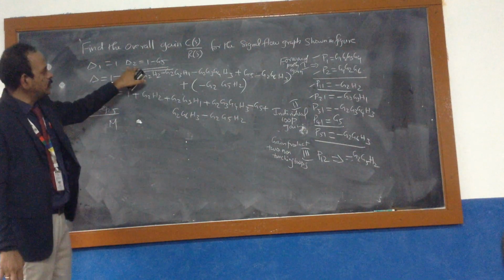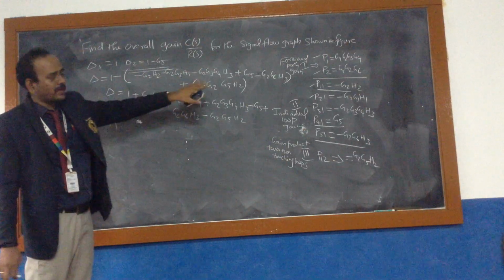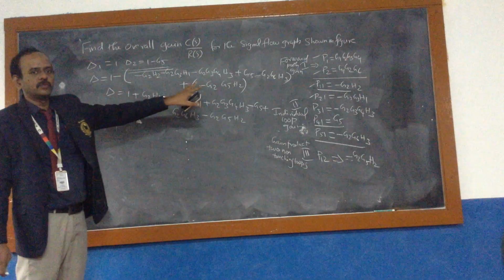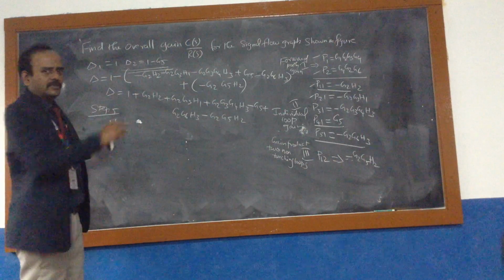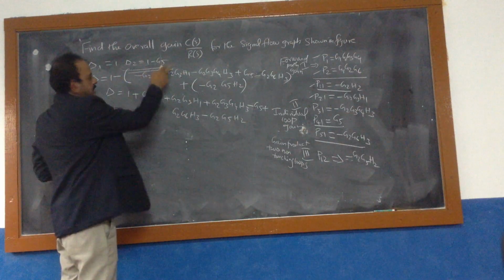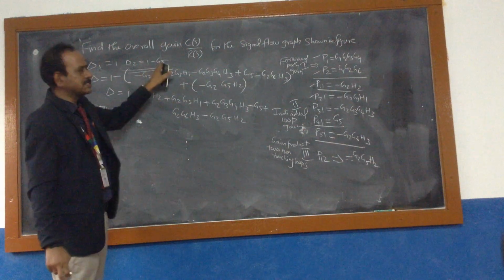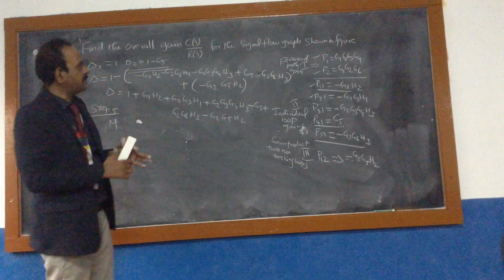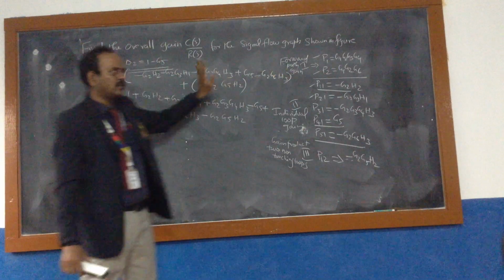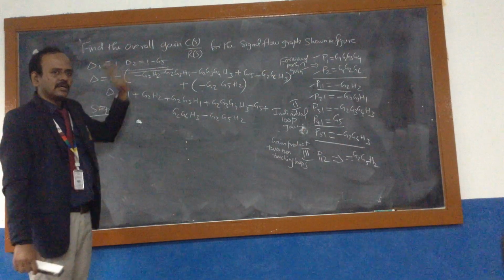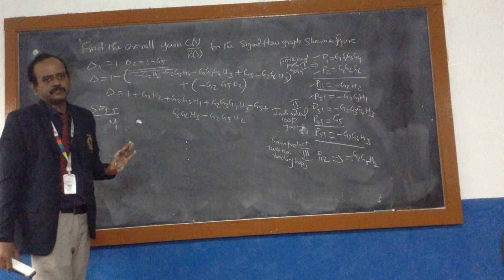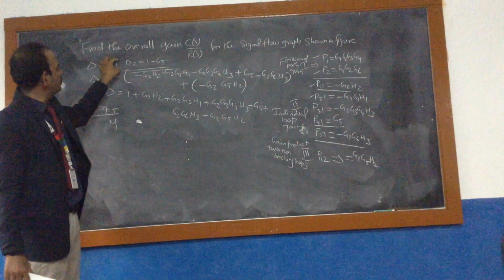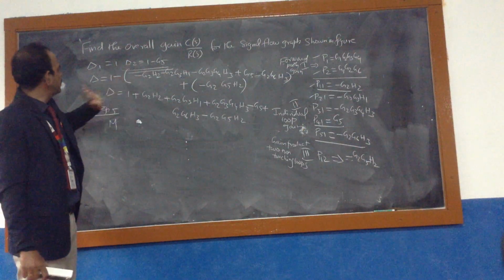But in del 2, K equal to 2, we have to check what parts of the graph do not touch the second forward path, and subtract 1 minus the corresponding gain, 1 minus G. Suppose the number of forward paths is 1, K equal to 1, then just put del 1 alone, and del 1 means 1. Okay. So here we have found del 1 and del 2 for the forward paths.